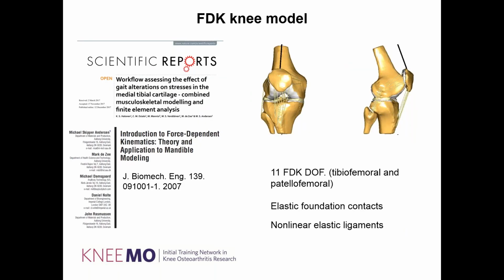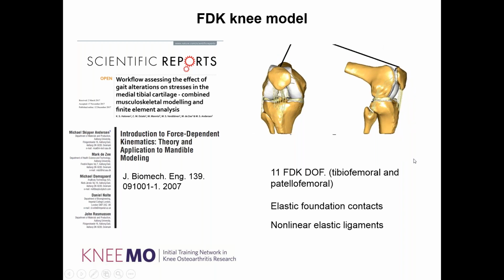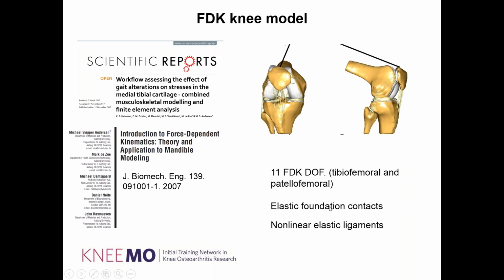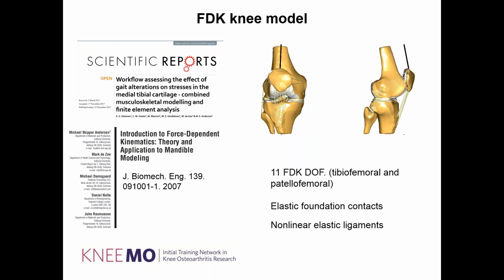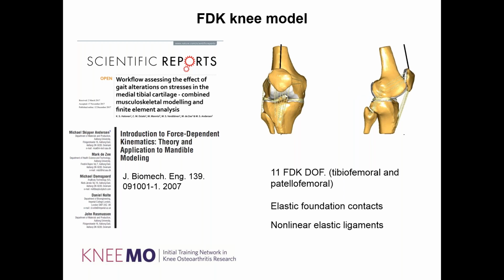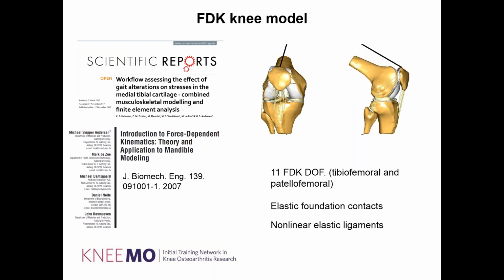So the one we ended up using is this model that you can actually see here. The three bones, femur, patella, and tibia, are assumed rigid, and then we equipped it with nonlinear elastic contacts between the contacting surfaces, so between the cartilage that we segmented from the bones, and then we also used nonlinear elastic ligament models, so that we only drive the flexion angle from the data from the markers, and then we predict all the detailed movements of the joint using this model.